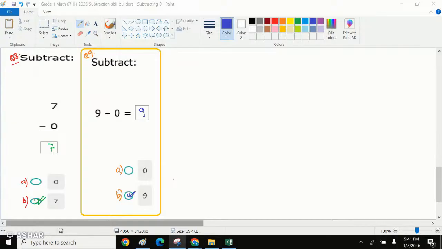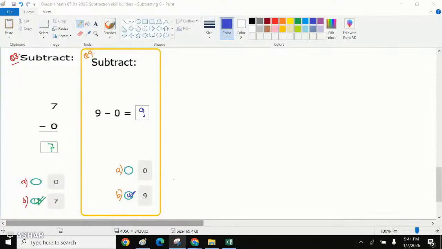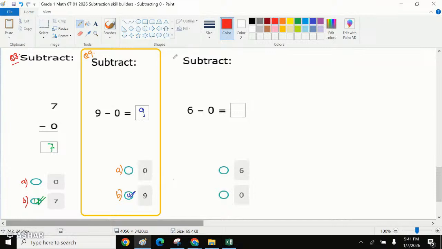And the next question says subtract 6 minus 0. So what would be the answer? Option A or option B? This is question number 10 for us. And these are the two options that are given to us, okay?